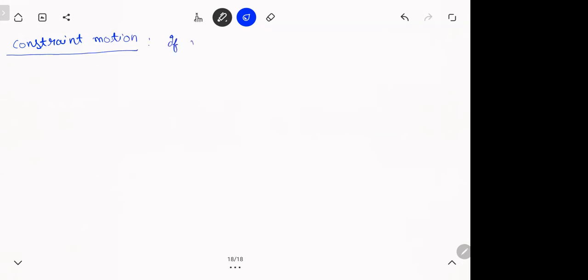If motion of one body depends on motion of other bodies, it is said to be constrained. What do you mean by that exactly?